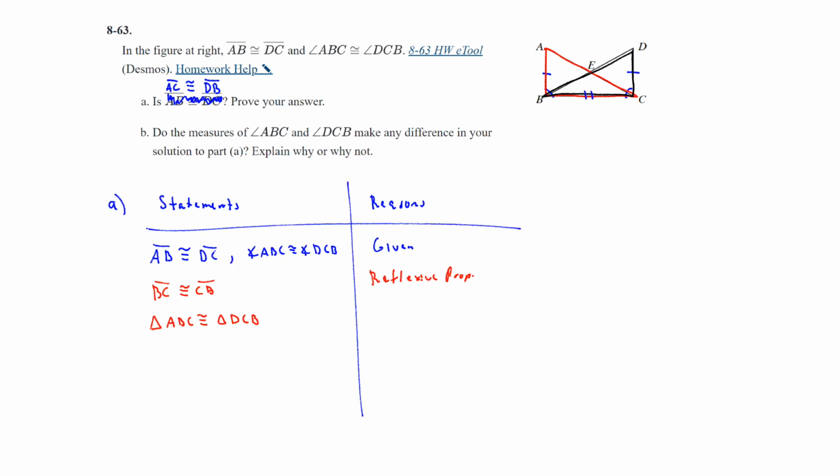And we know that because of side, angle, side congruency. And then since we know that the triangles are congruent, we can say any of their corresponding parts are also congruent. So what we're trying to prove is that side length AC is congruent to side length DB. And we know that because when we have congruent triangles, we know that their parts are also congruent.